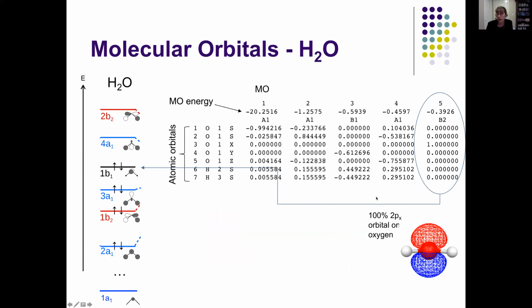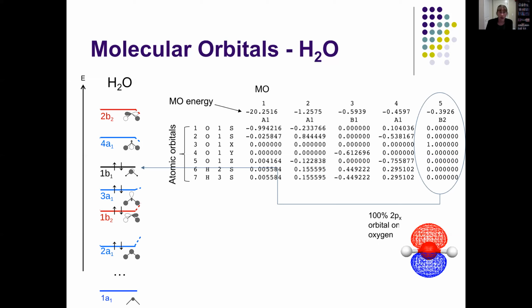Our fifth molecular orbital is pretty much 100%, in this case it is 100%, the 2px orbital on oxygen, if x is this direction. I've rotated the molecule a little bit so that you can see that p orbital. If you were to rotate the molecule this direction, you'd see it coming out at us and going away from us. So that's that orbital.